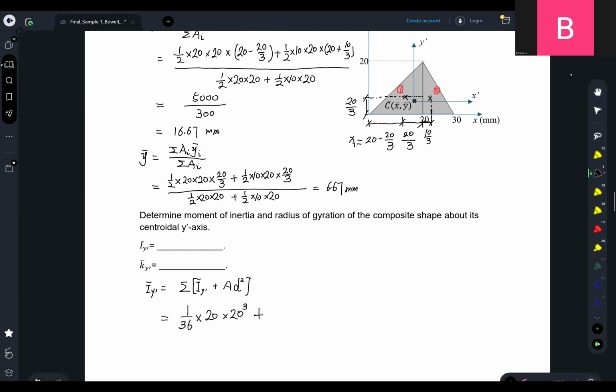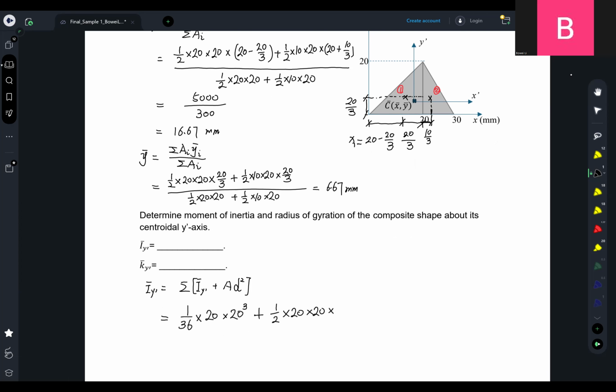Okay, and then plus the area, 1/2 times 20 times 20 here, and then times the distance between the centroid of the area 1 and the centroid of the entire shape.